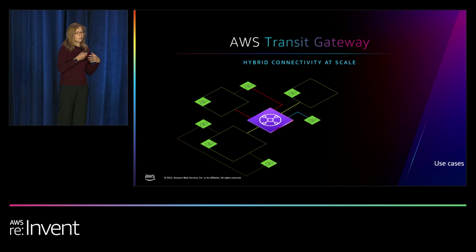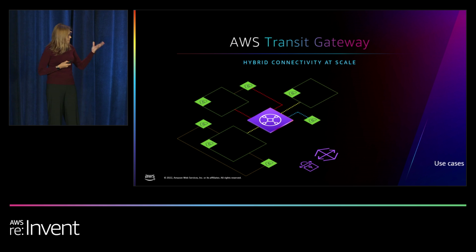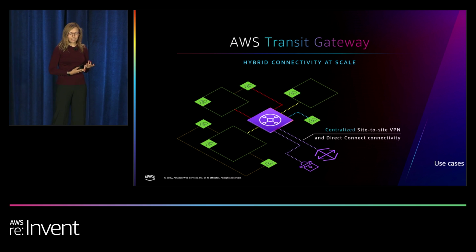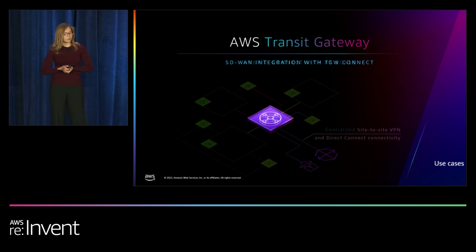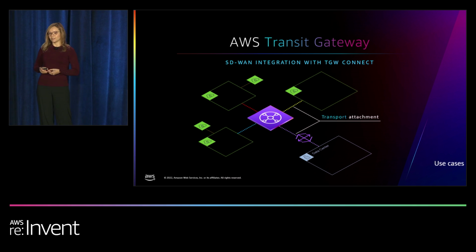Cloud WAN is based on the transit gateway construct, so it allows the same as transit gateway to aggregate hybrid connectivity at scale. You can do this with transit gateway, and you will also be able to do it with Cloud WAN. And it allows also integration of visibility, right?